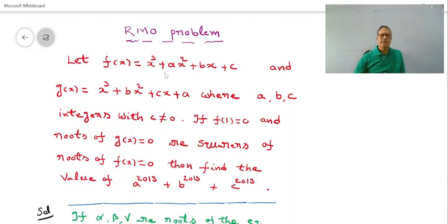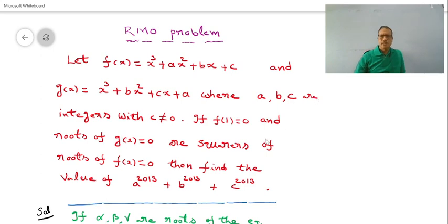Let f of x is equal to x cube plus ax square plus bx plus c, and g of x is x cube plus bx square plus cx plus c, where a, b, c are integers with c not equal to 0.